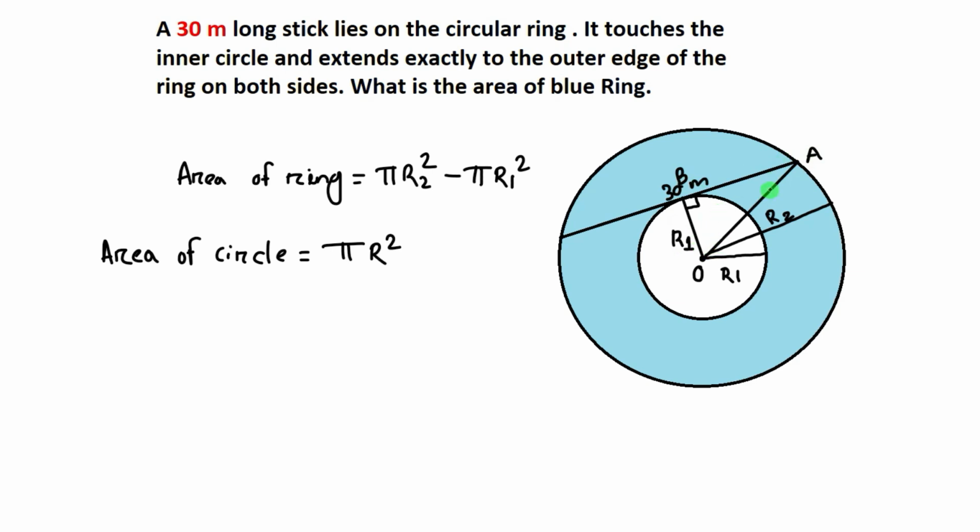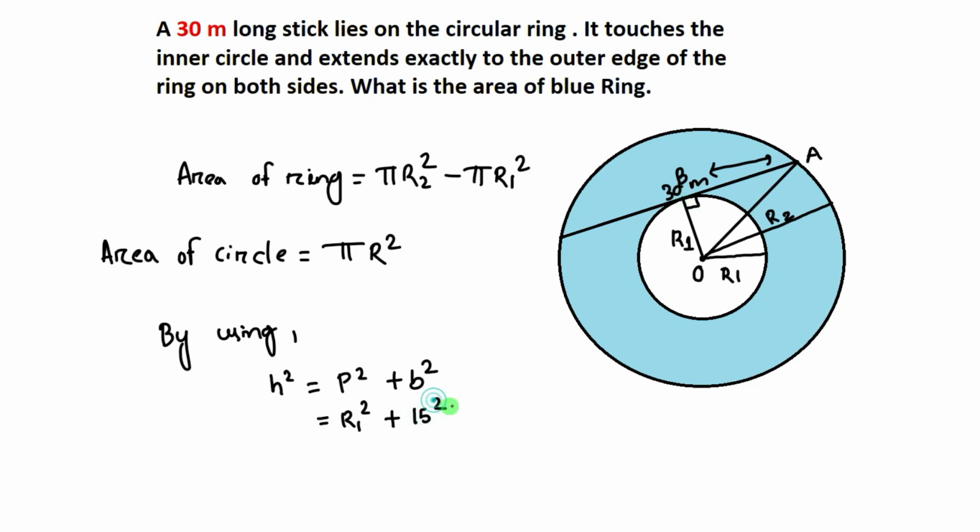In order to find the value of radius R2 and R1, we'll use the Pythagoras theorem. By the Pythagoras theorem, hypotenuse square equals perpendicular square plus base square. Here the perpendicular is R1, and the base is AB, which is half of 30, that is 15.